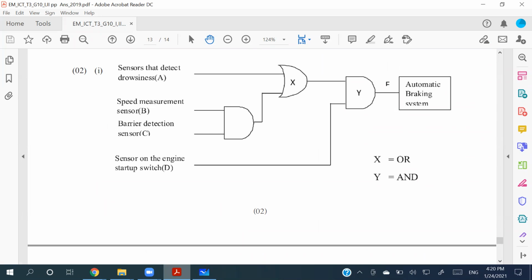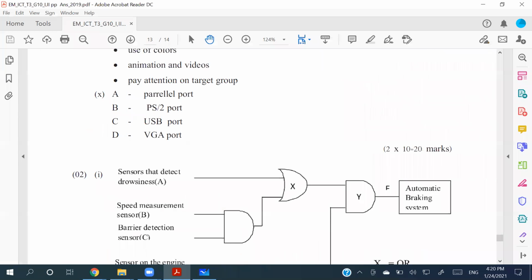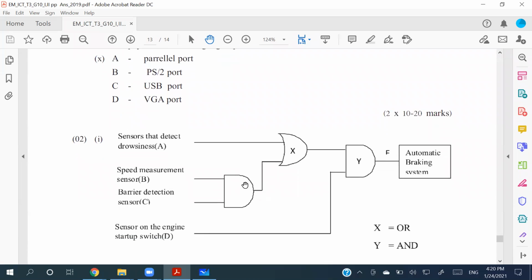So what is wrong is the OR gate at X, Minul, because the input says if he is asleep, it is 0. So if it is 0, there should be a NOT gate in front of the drowsiness sensor. But then this comes like the speed measurement sensor.